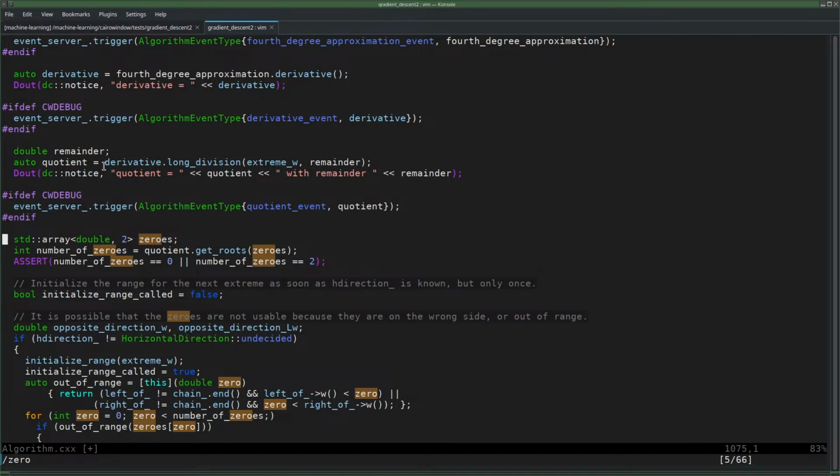Where the derivative is zero, it is indeed a zero, but then of the derivative. Sorry, the roots of course are the zeros, it's more or less the same thing. I could still call them zeros maybe. So I call it zeros, so I make everything roots. Maybe I should just rename it to quotient roots.